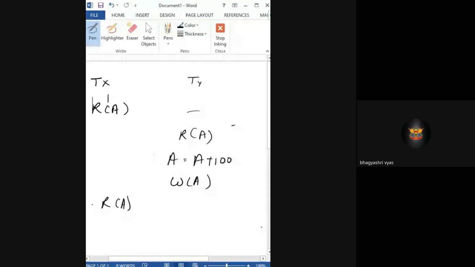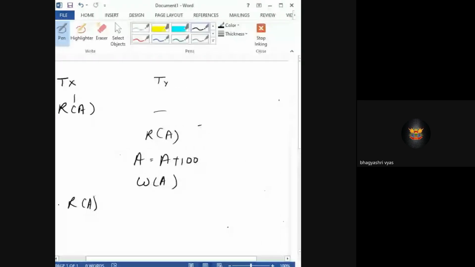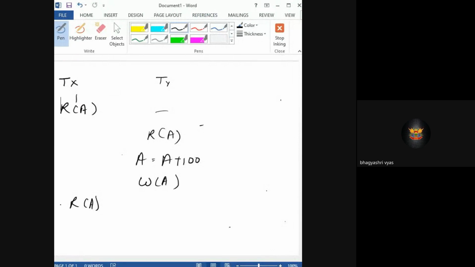If you have a notebook, you can note it down as well. Yes, unrepeatable read problem.